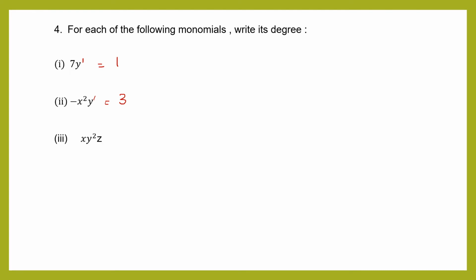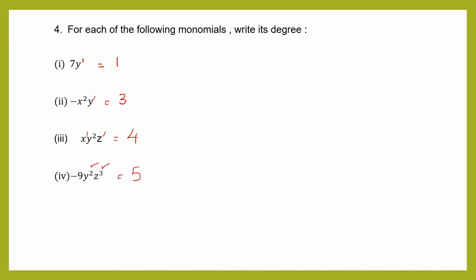Okay, let's count the powers. 1x, 2y, 1z. So totally we have 1 plus 2 plus 1, which is 4. The degree of that monomial is 4. Moving on to question 4. Let's count. The power here is 2 plus 3, which is 5.